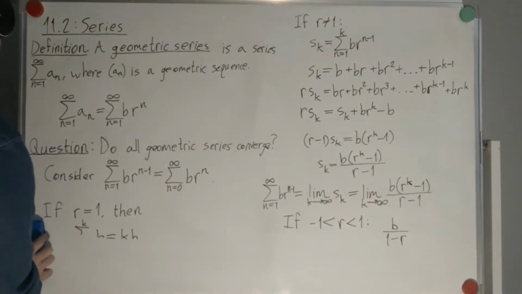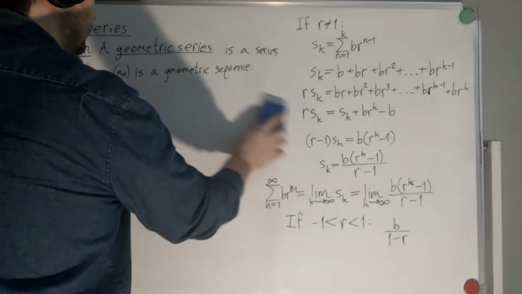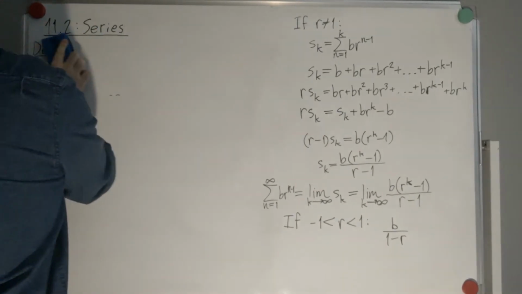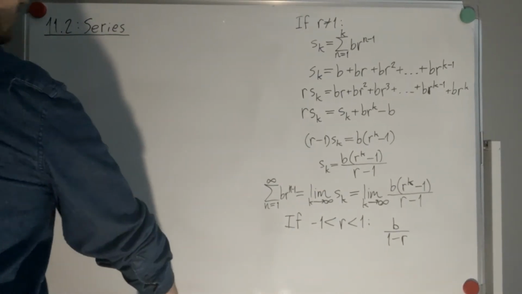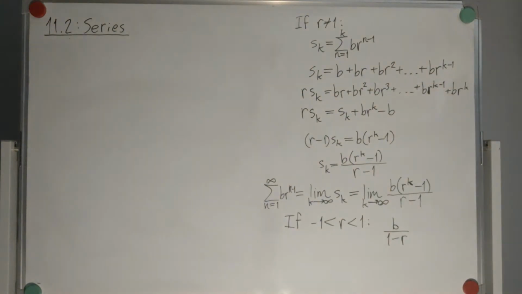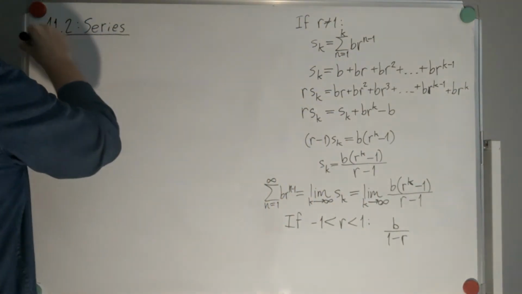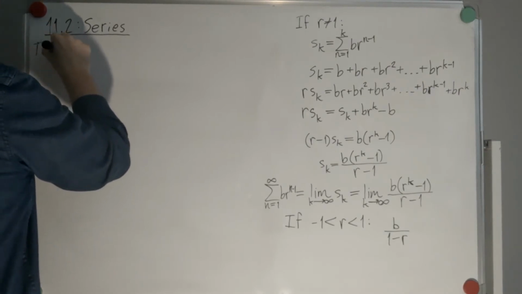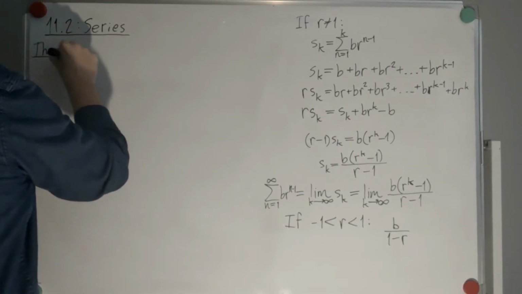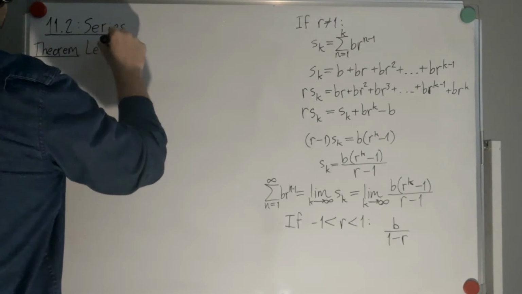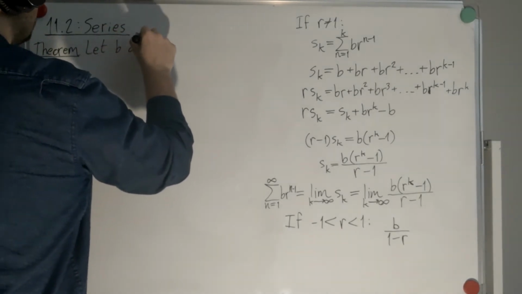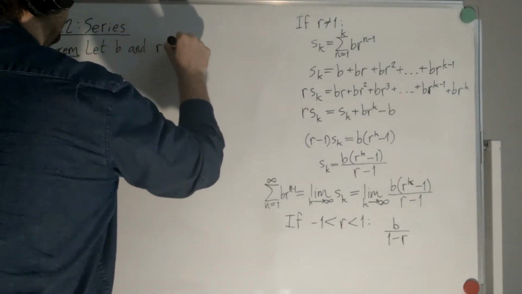And so we have the following theorem. Let's just summarize all of this stuff in a theorem. So, let b and r be real numbers.